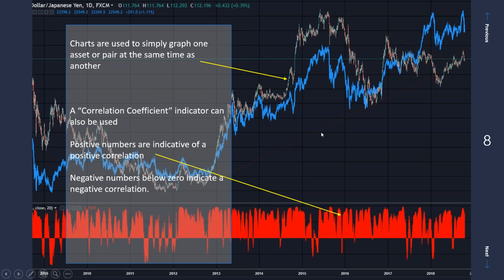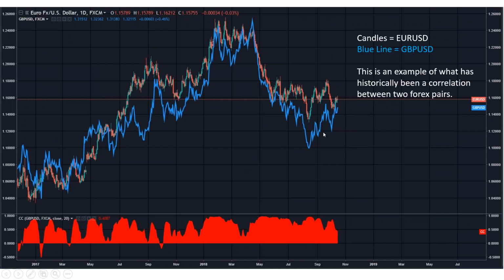So let's take a look at some examples. Okay, so this is euro dollar, pound dollar, the example we were talking about a second ago. So just orient here to the chart. The candles are euro dollar. The blue line is pound dollar. And just orienting here, this is clearly an example of 2 currency pairs that are correlated.